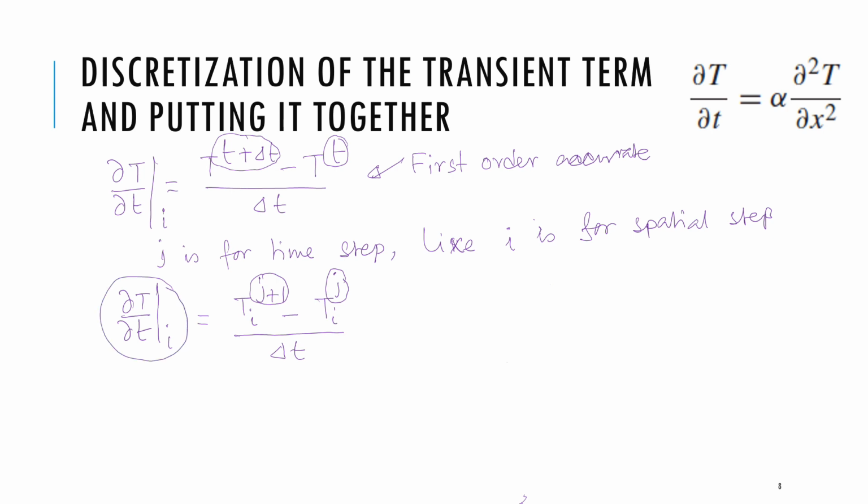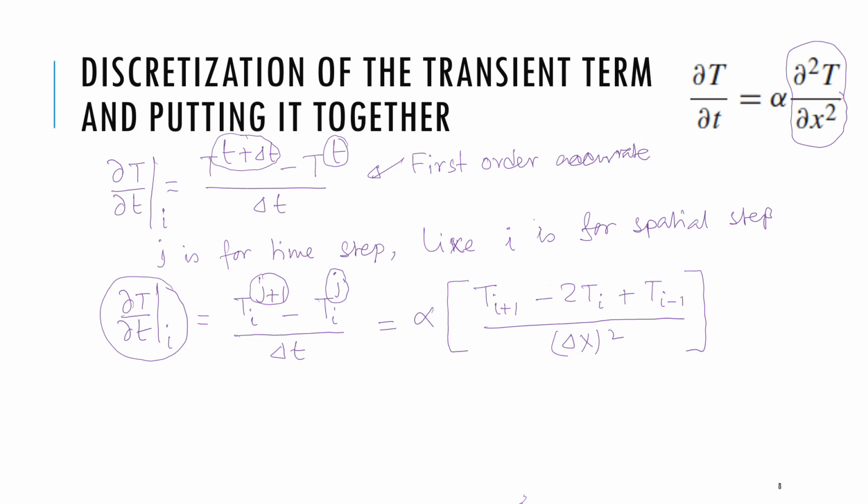So let's try to put the two together. This time derivative is equal to alpha times T. This is the part that we already did, so I'm copying this from the previous slide here: (T_{i+1} − 2T_i + T_{i−1}) divided by Δx squared.